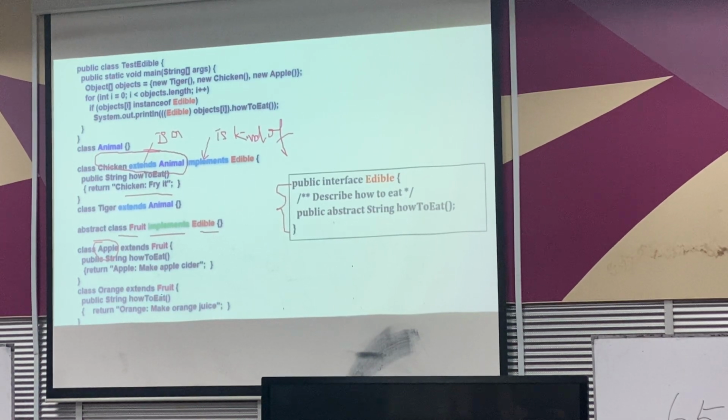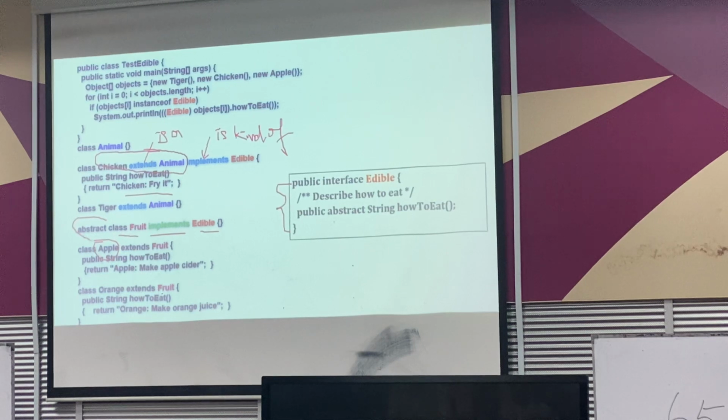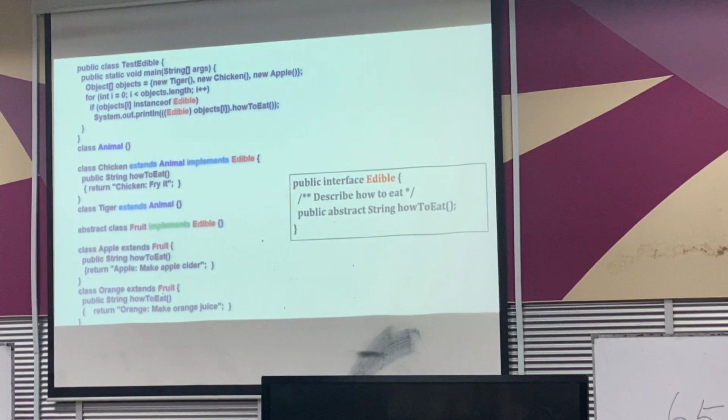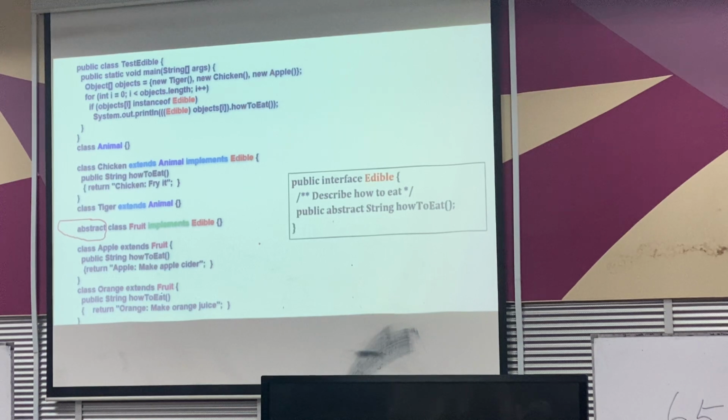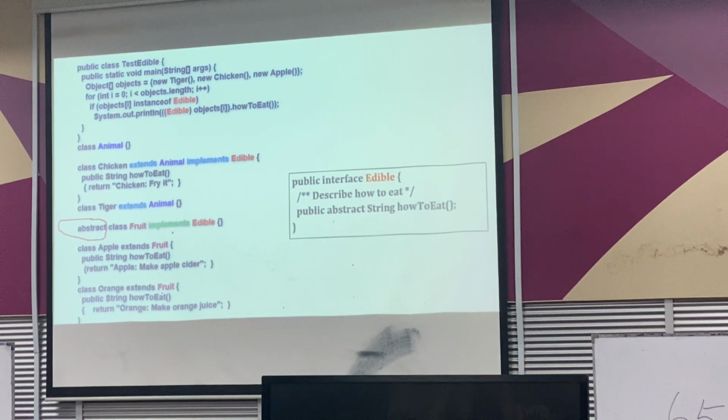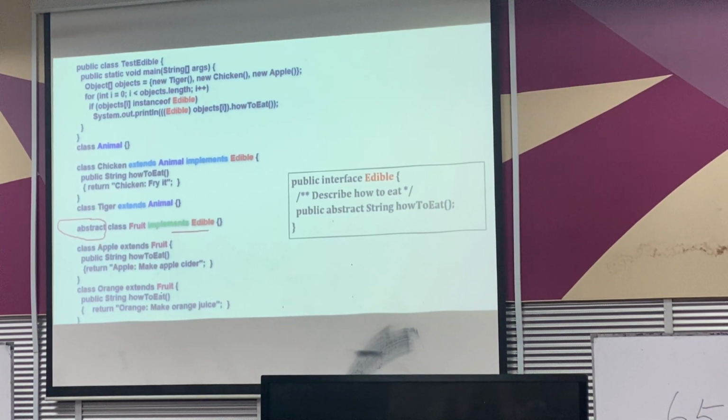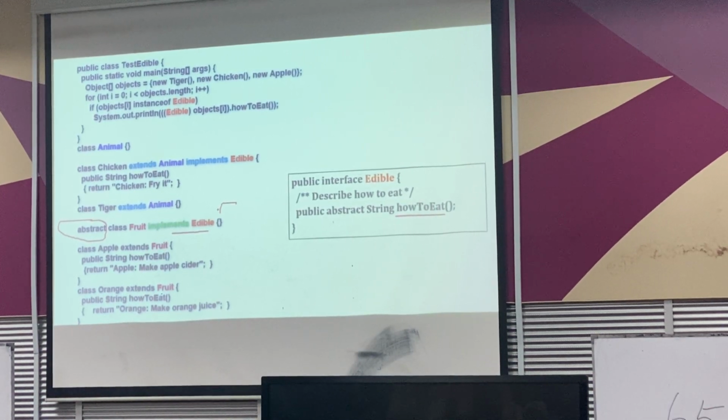In here, why do you need to make the class Fruit abstract? Why did I make the class Fruit abstract over here? You implement the Interval, right? Interval has one method called how to eat, but do you implement how to eat inside this class? You have not yet implemented it, right? If you have not yet implemented it, that means the Fruit class is not yet finished, not yet complete.